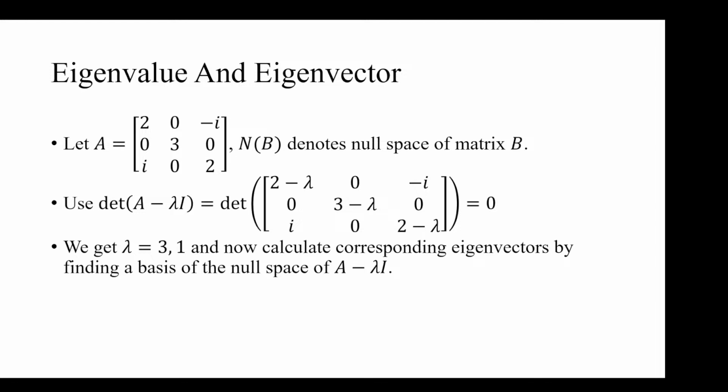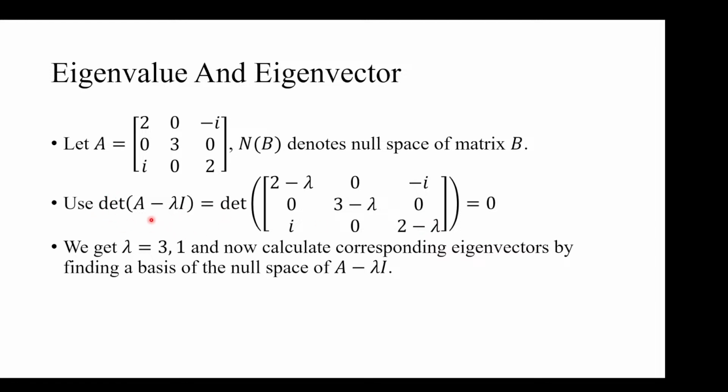As we said, we have our matrix A here, A equal to this matrix with 2, i, 3, and -i, 2. We also have this notation null(B), meaning the null space of B. And as we said, we want to solve the characteristic polynomial, we find its roots.